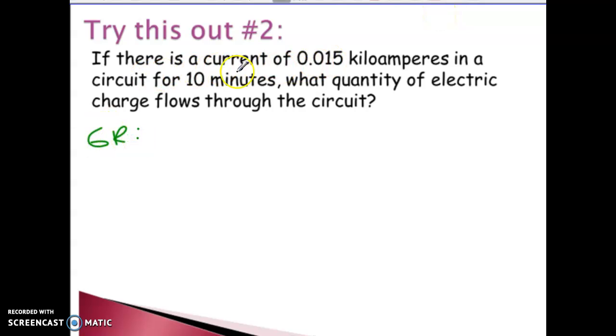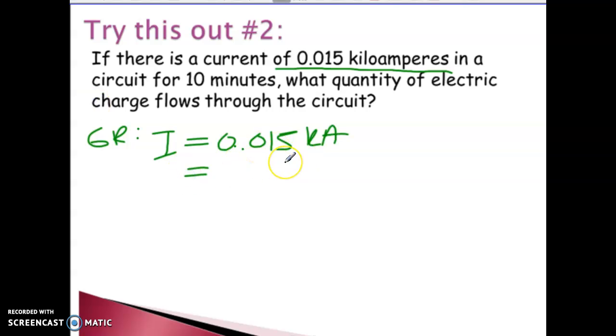So if there is a current of 0.015 kiloamperes, so we have current 0.015 kA. Actually this we can convert right now. To go from kiloamps to amps, remember we reviewed this during our Ohm's law lesson, you're going to multiply by 1,000, which will give us 15 amps.